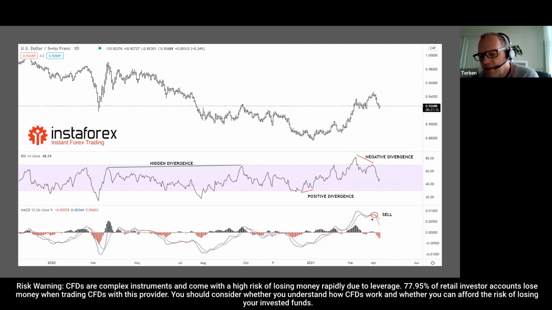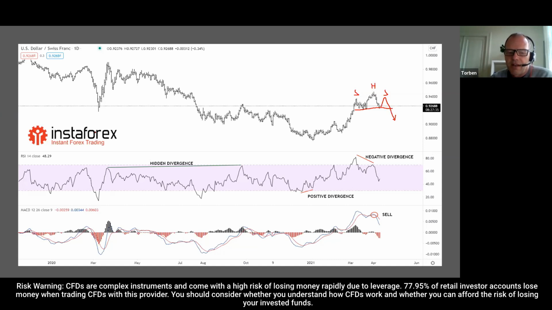You have the sell signal over here triggered at this point. We still don't have a break of the higher highs and higher lows, but it could be something coming here, or maybe even a shoulder head shoulder again, coming up here and then down. So all the majors are pointing towards a weaker dollar going into the summer months.